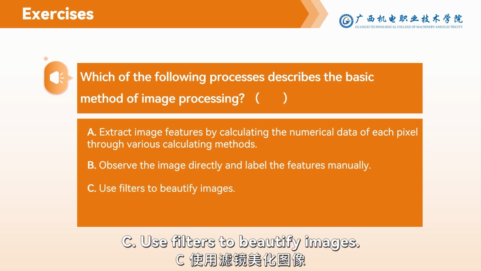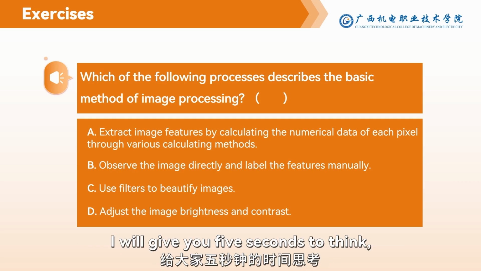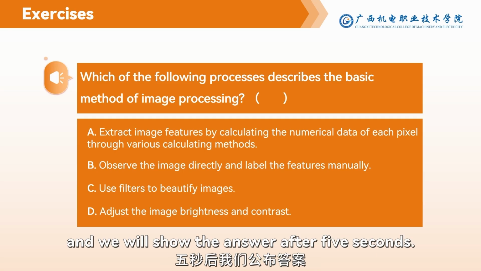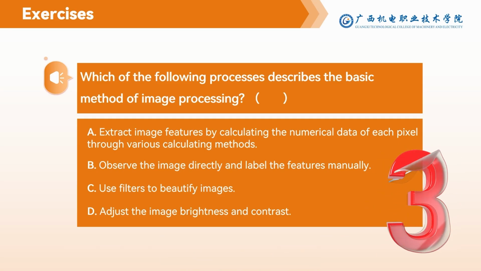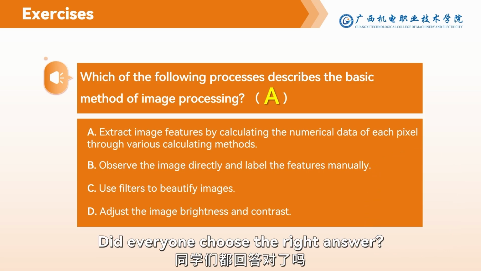C. Use filters to beautify image. D. Adjust the image brightness and contrast. I will give you 5 seconds to think and will show the answer after 5 seconds. The answer to this question is A. Did everyone choose the right answer?